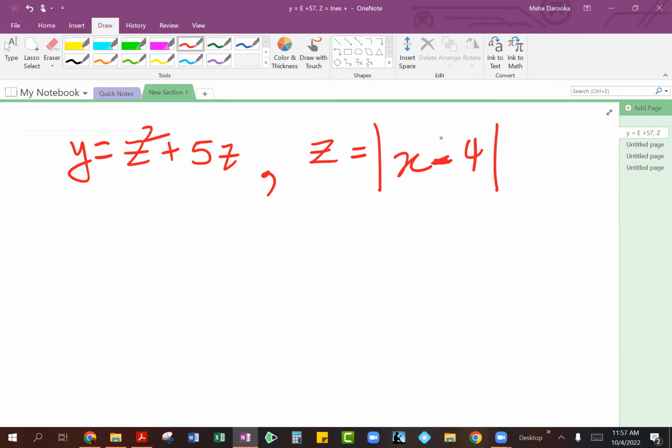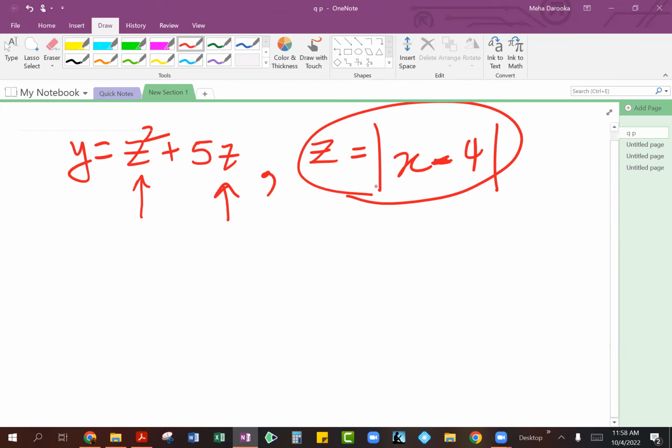Same idea, right? You take the Z and put it inside the Y function. So everywhere that we see a Z value, you would be replacing it with this second function over here.